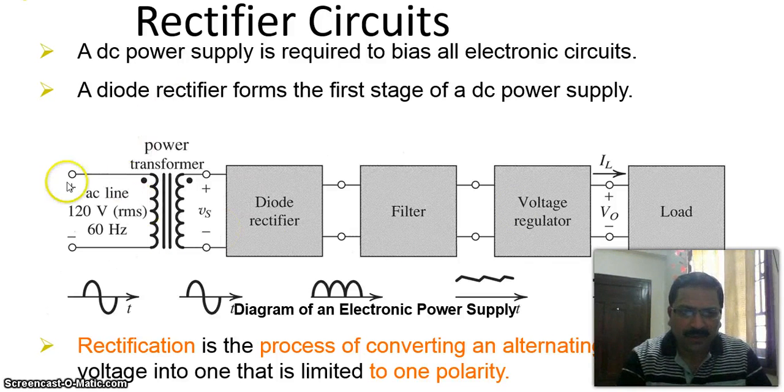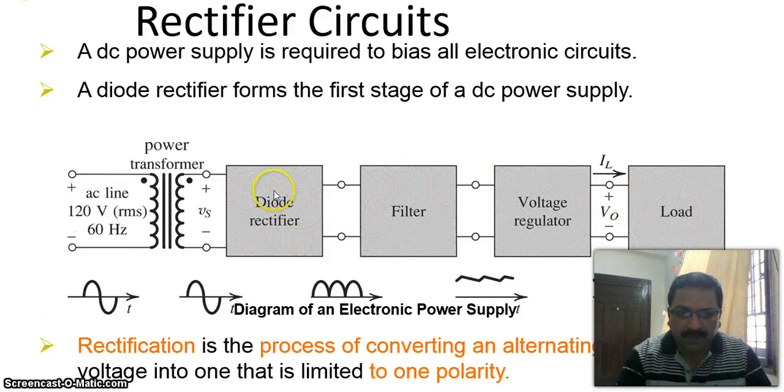In this circuit we can see there is a transformer. 120 volts of AC at 60 hertz is stepped down to a lower voltage. Then a diode converts AC into DC. Then there is a filter circuit and a voltage regulator to smooth the voltage, and later it is given to the load.